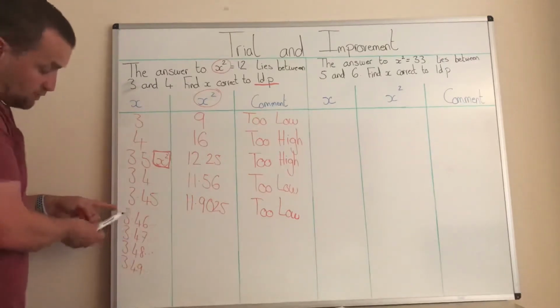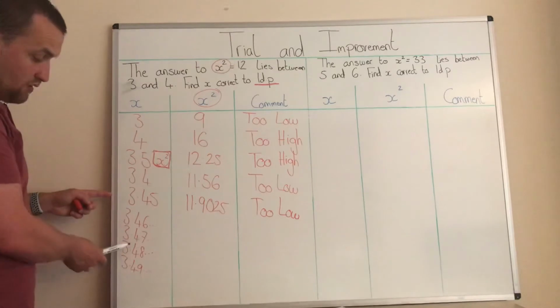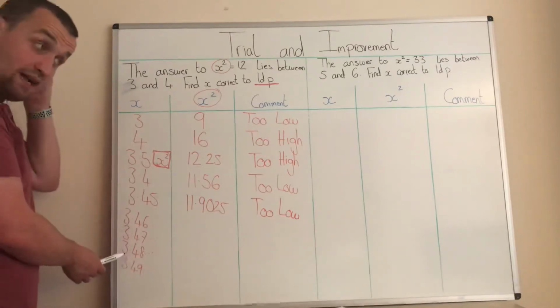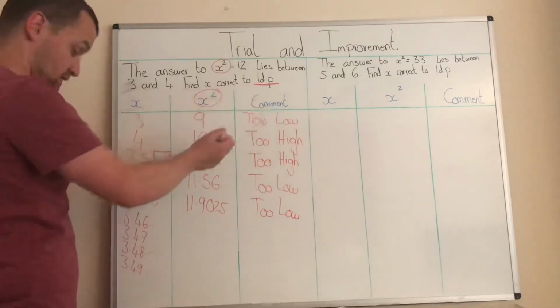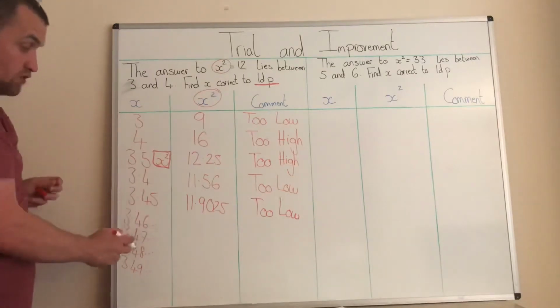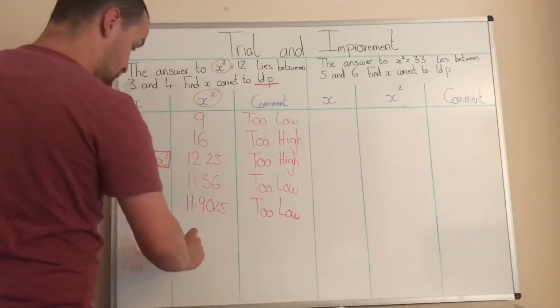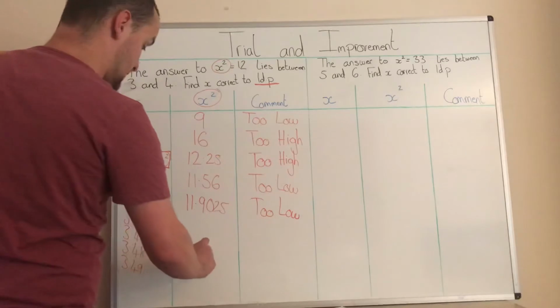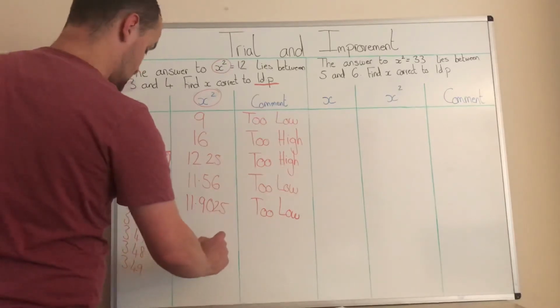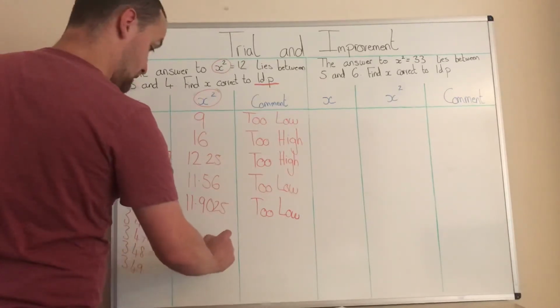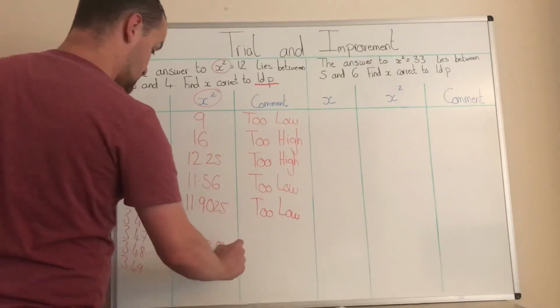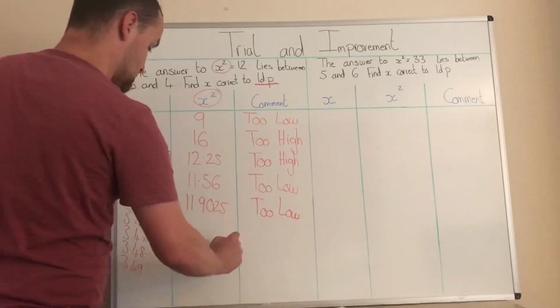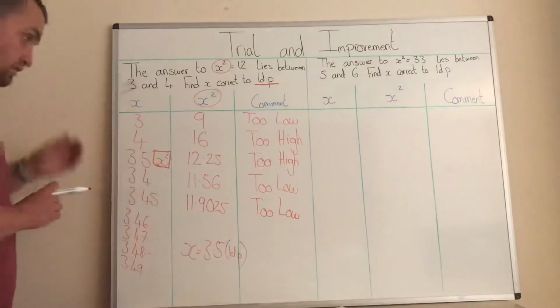If you round 3.46, 3.47, 3.48 or 3.49 to one decimal place, all of those will give you the answer of 3.5. So x is 3.5 to one decimal place. Okay?